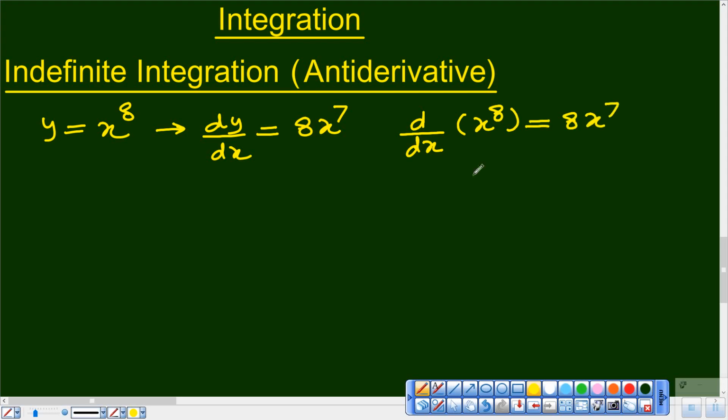Notice here carefully that this d by dx is, truly speaking, a symbol which shows that the quantity which is written after that is being differentiated. The differential coefficient is being obtained. So this is the operator. So this is the differentiation process.